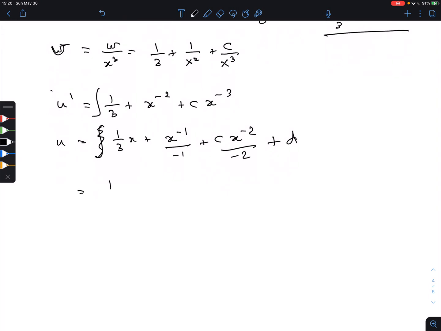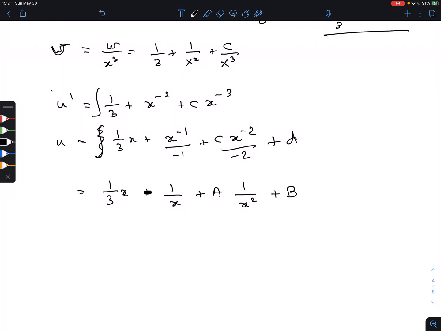So we get 1/3 x minus 1 over x minus 2c 1 over x squared plus d. I'm going to write this as a and b here because I don't think I'm going to change them anymore.